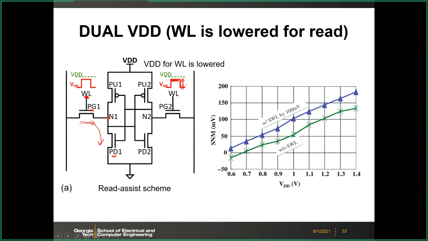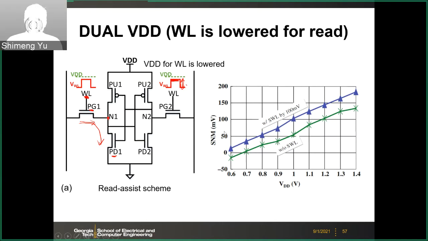So here we show some of those noise margin. If you enable this, lowering down the power supply for the wordline by 100 millivolts, then you can increase the static noise margin by about 50 millivolts. Of course, if you lower too much the wordline voltage, then what might be the trade-off here?